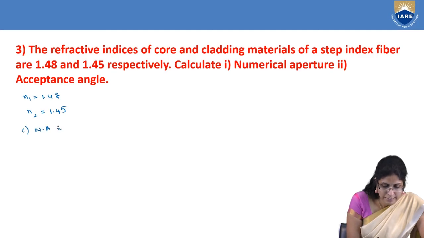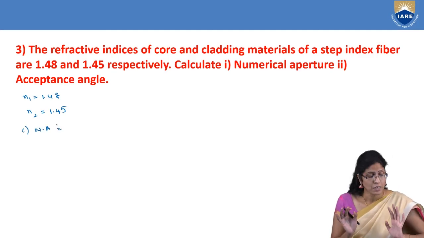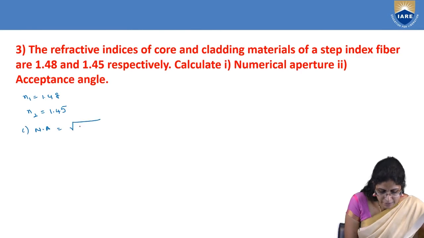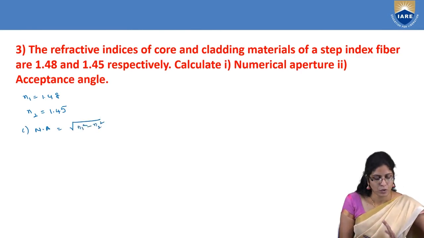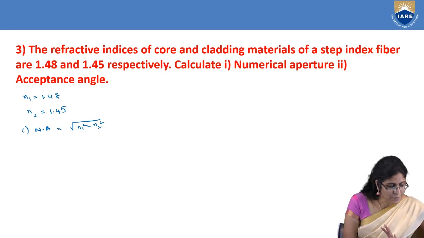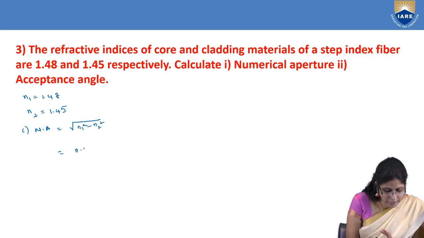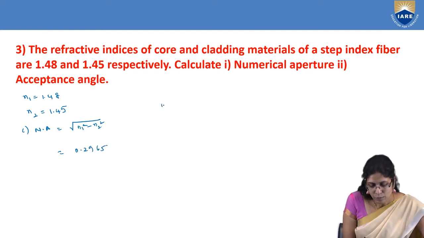We know that here again you are not given any medium. So numerical aperture ends up as root of N1 square minus N2 square because N0 is 1. You are given N1 and N2. Just substitute that and you end up with the answer 0.2965. And the second one, which is the acceptance angle, you know that it is sine inverse of the numerical aperture.